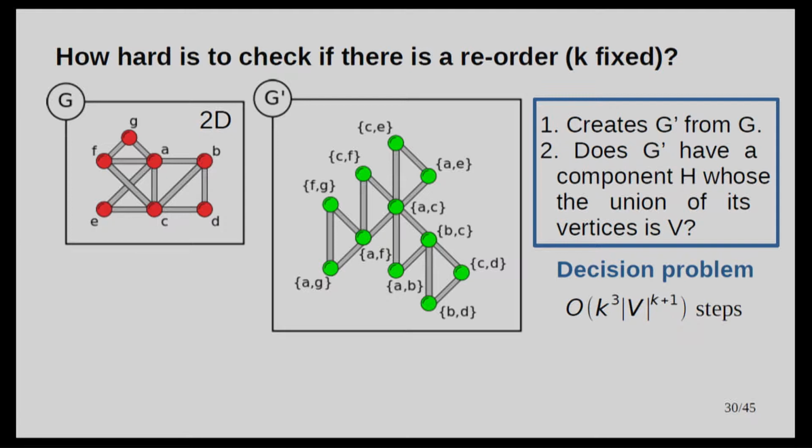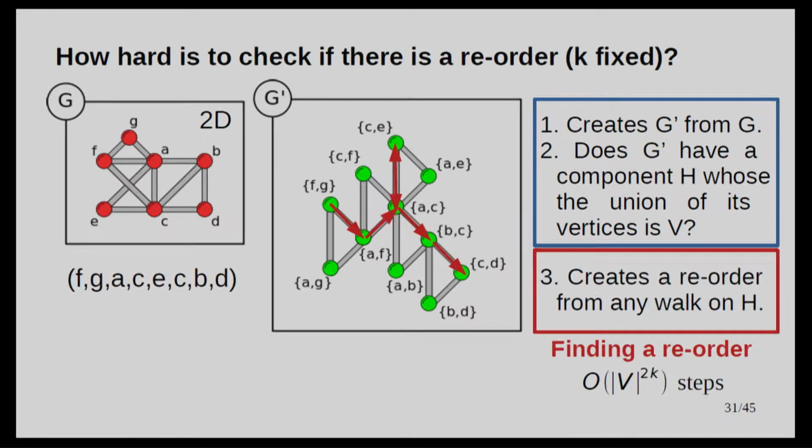So we create the G prime graph, then we look for a special component. Creating G prime is cheap, it's polynomial, and checking the component property is also cheap, so we can solve the decision problem in polynomial time.